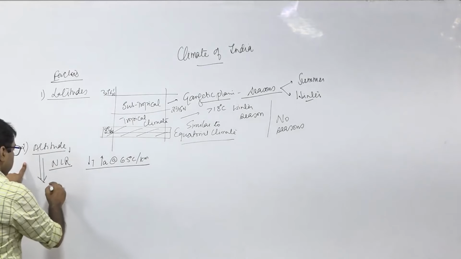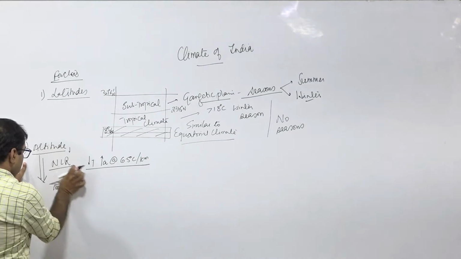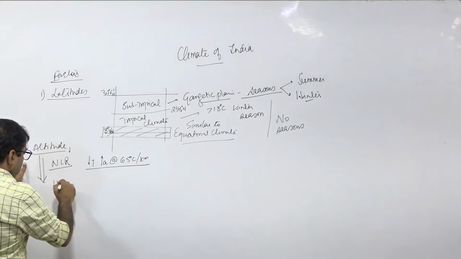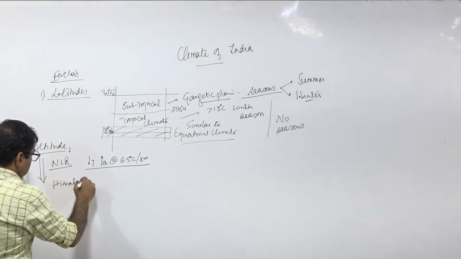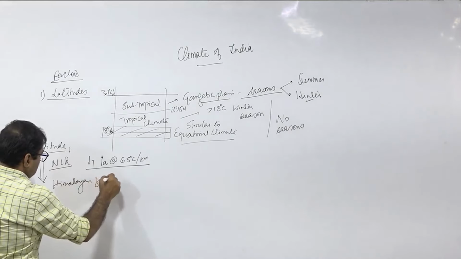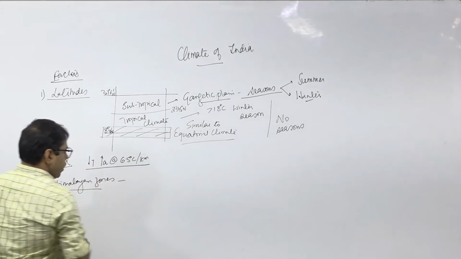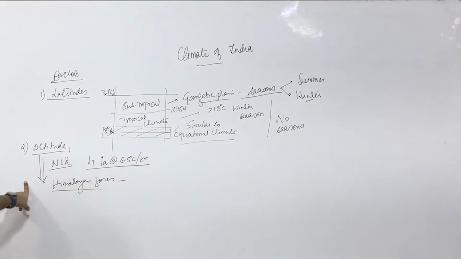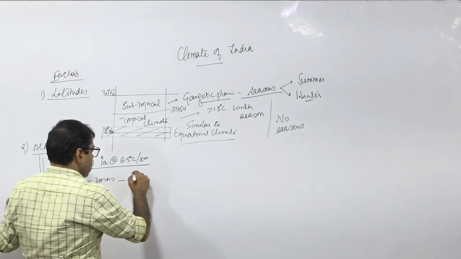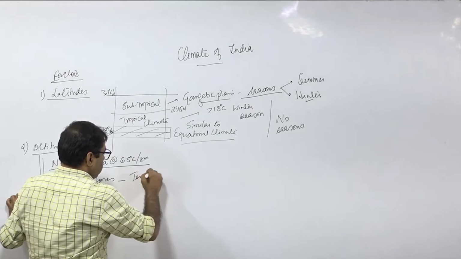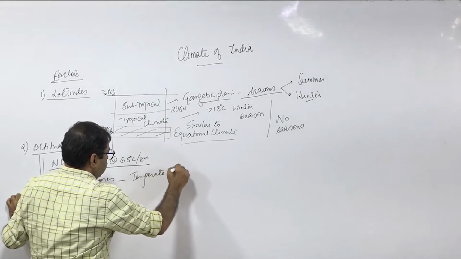So the Himalayan zones, they have the effect of altitude. So in the Himalayan zones there is a temperate climate. Temperate climate means what?